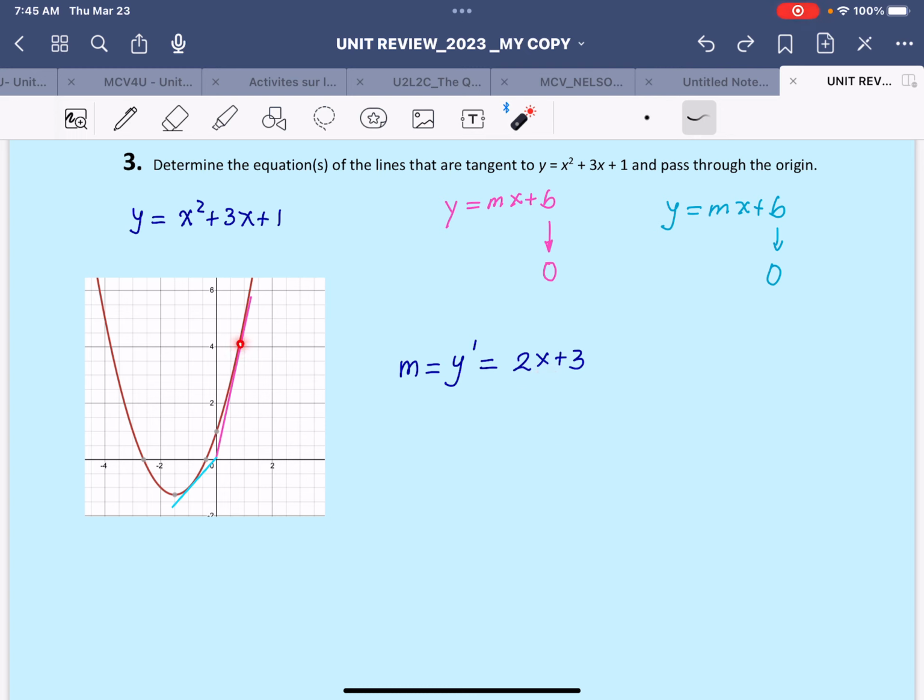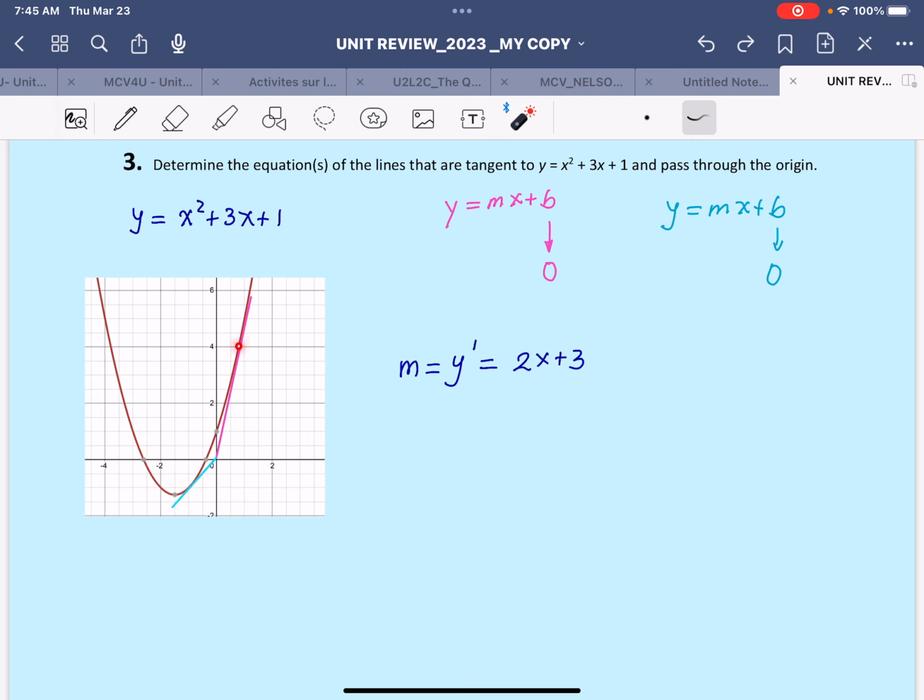So how do we find the coordinates of the point of tangency? To find the coordinates of the point of tangency for these two very specific points, we definitely can use the slope of the tangent at any point, because if it works for any point of the parabola, it will work for these two as well.